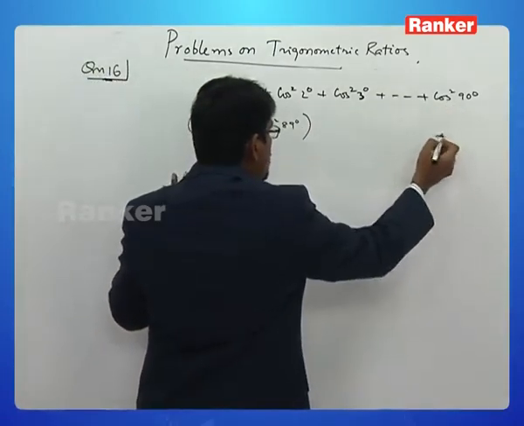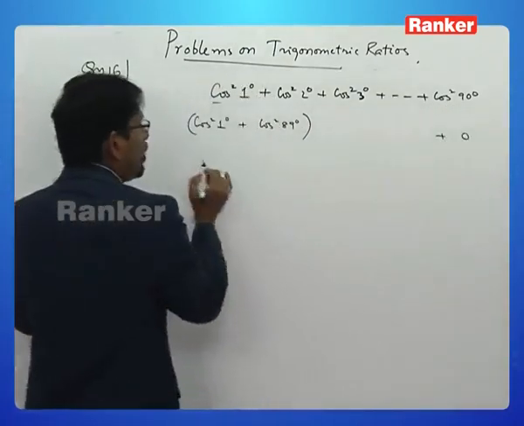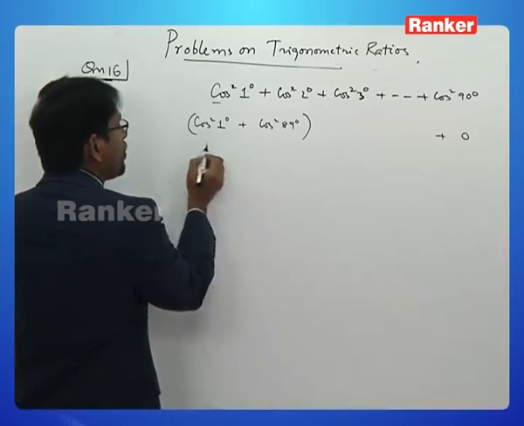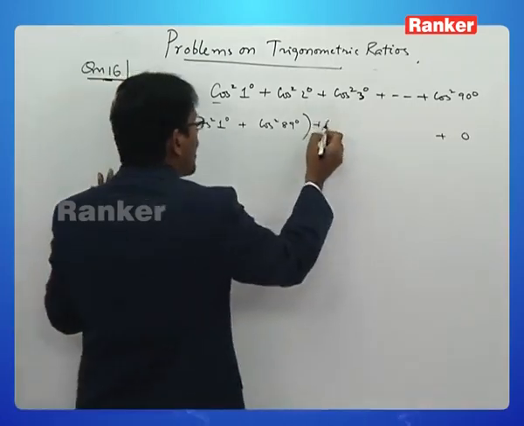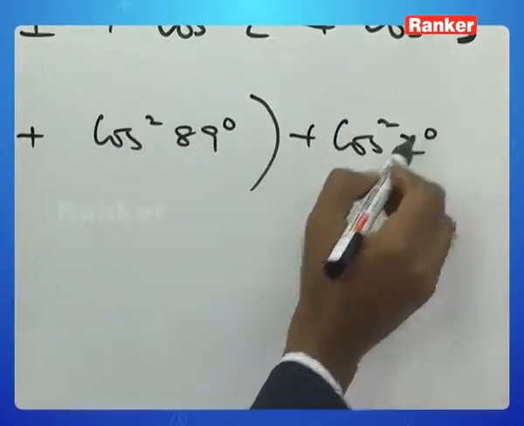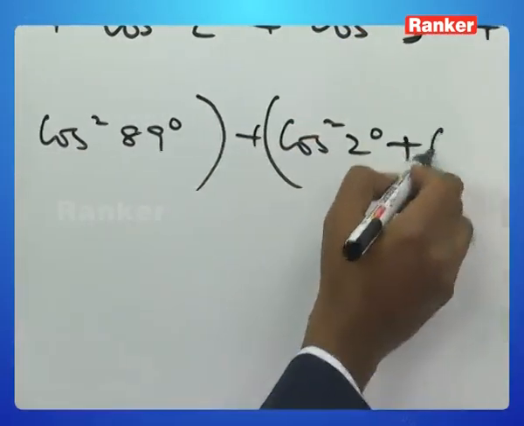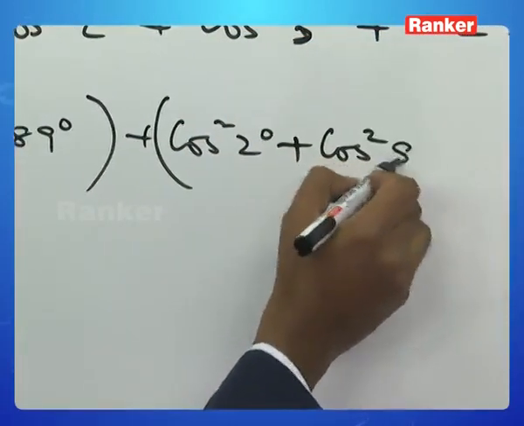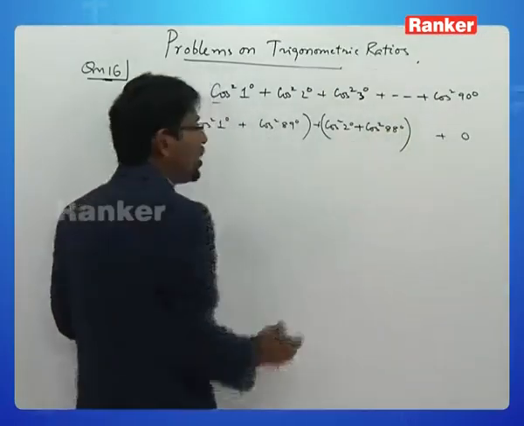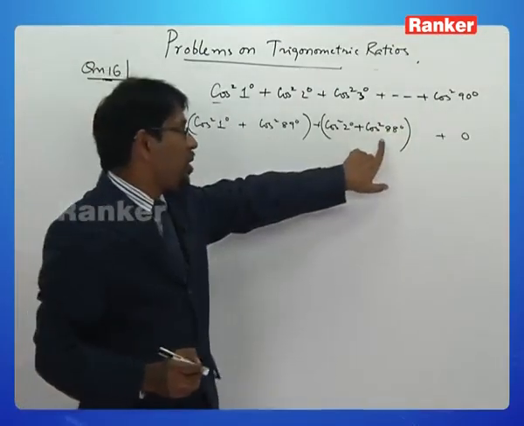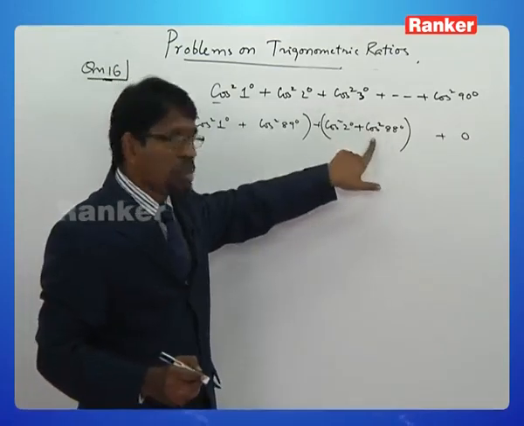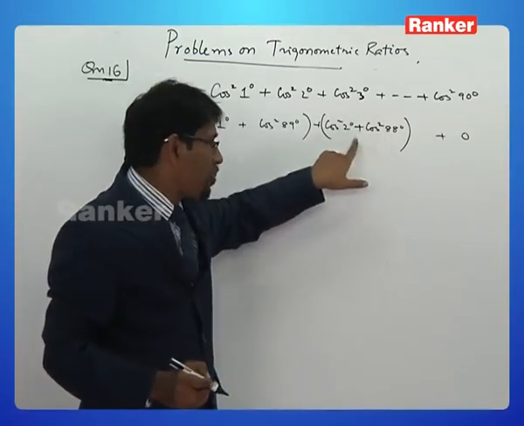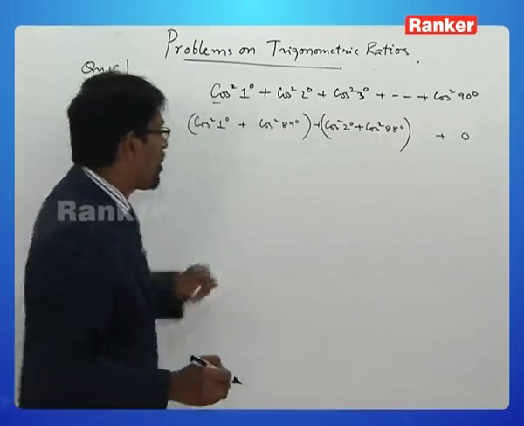Cos 90 is anyway 0, so we'll leave that. Then plus, we will club cos square 2 plus cos square 88, last but 2. What is cos square of 88? Cos square of 90 minus 2. That makes it cos square 2 plus sin square 2. So that will become 1.